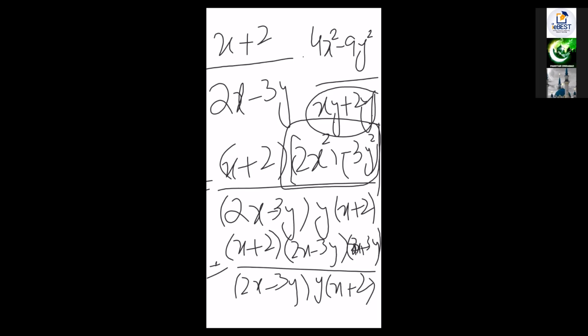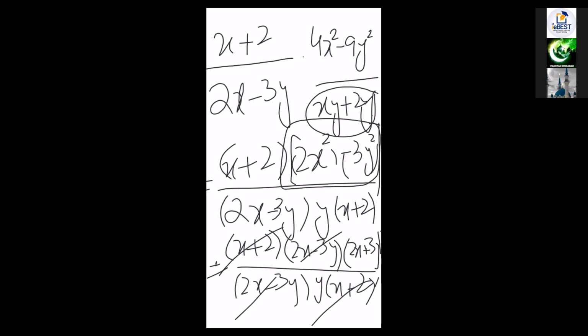Did you get it? See, this step is actually 2x plus 3y. Okay? Yeah. So 2x minus 3y and 2x minus 3y, they do get cancelled. Now x plus 2 and x plus 2, they do get cancelled. Now what we are left with is 2x plus 3y divided by y. That is going to be our answer.